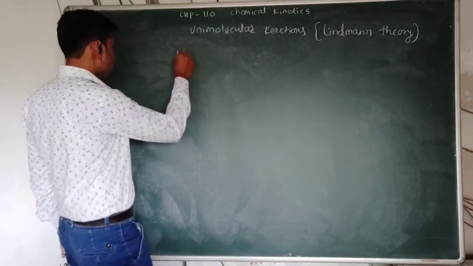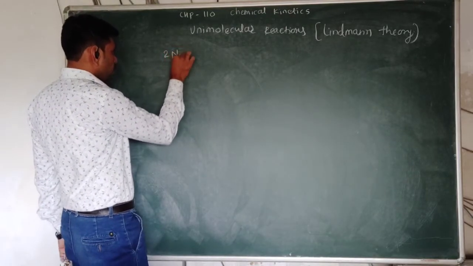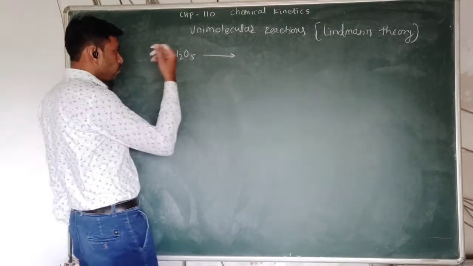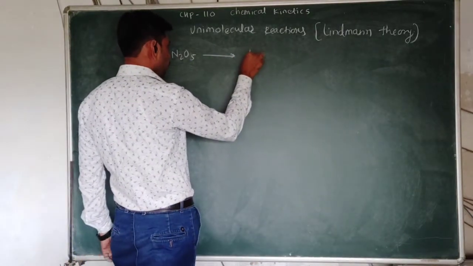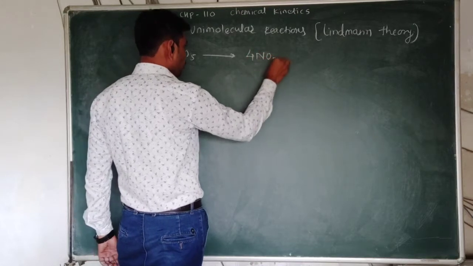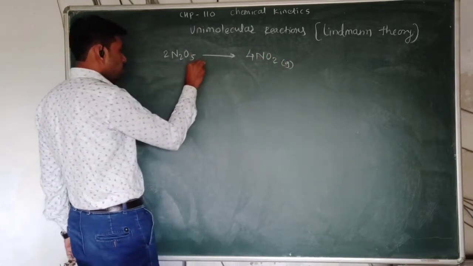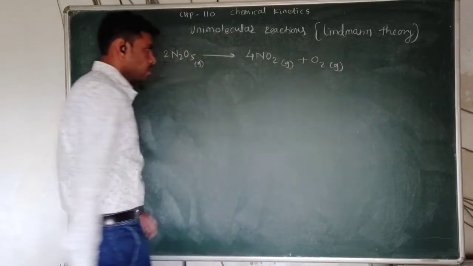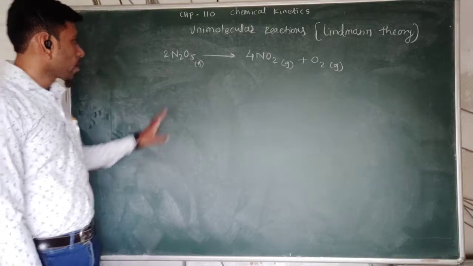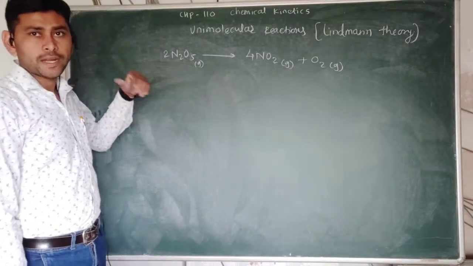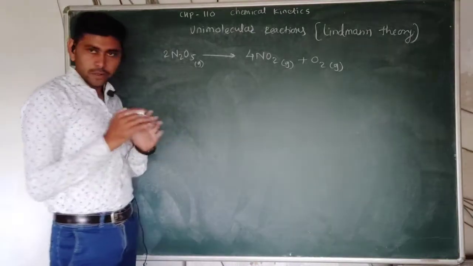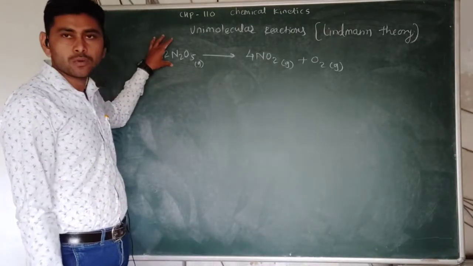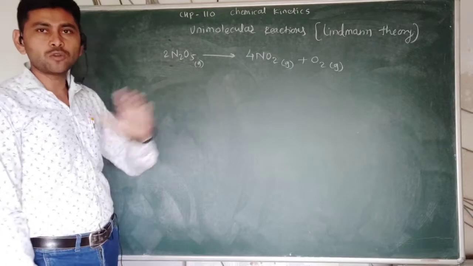Consider this example: twice N2O5 decomposes into 4NO2 in gaseous form, plus O2 in gaseous form. But in order to obtain activation energy, in order for any molecule to react, there should be a collision between two molecules.